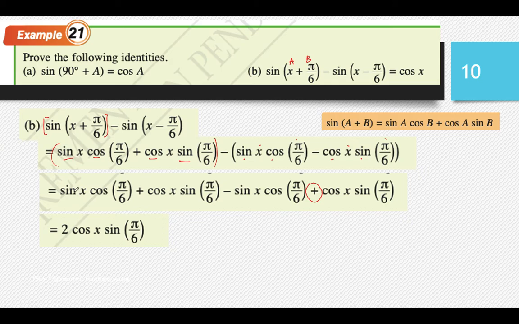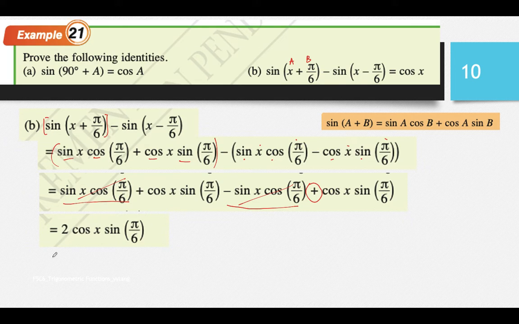Sorry, because here plus, here minus, so no need to write. Okay, this one cancel. No need already. So here, cos x sine here and cos here, cos x sine 30 plus plus, so 2.